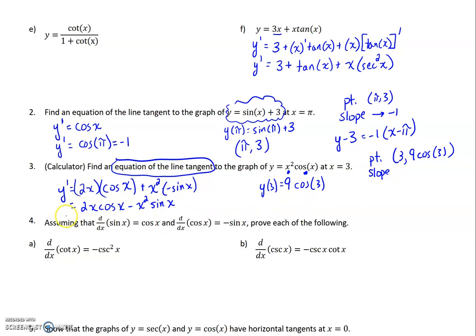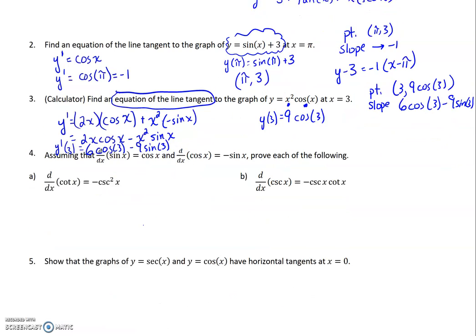Our slope is going to be y prime of 3, which is going to be 6 cos 3 minus 9 sine 3. Now this problem you could use a calculator on. I don't have one at my disposal right now, so I'm not going to do that. But obviously you could simplify this using a calculator. Remember, when we use a calculator on this, we're going to get out to 3 decimal places.